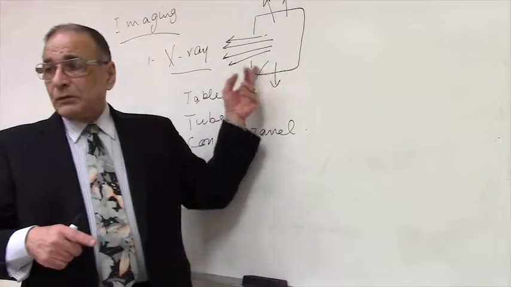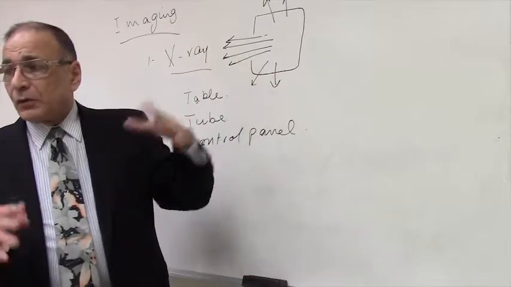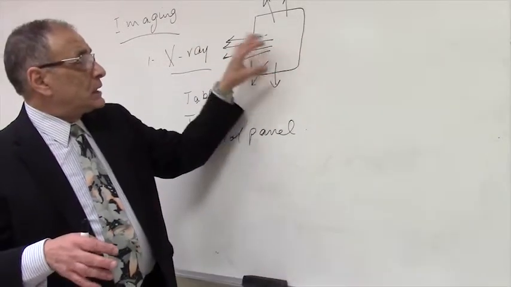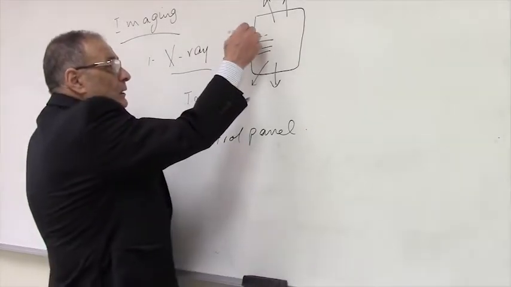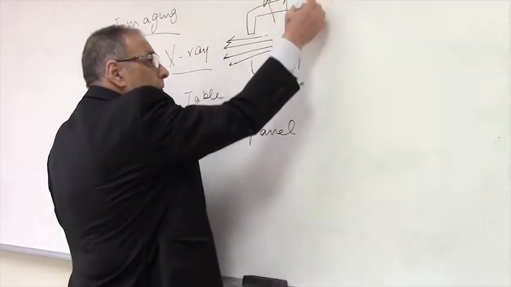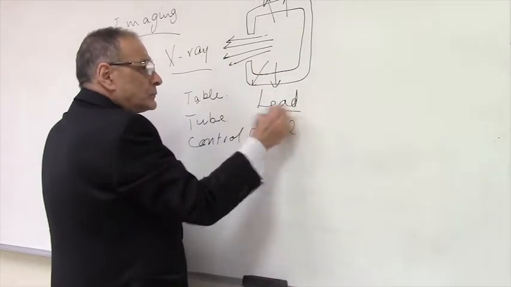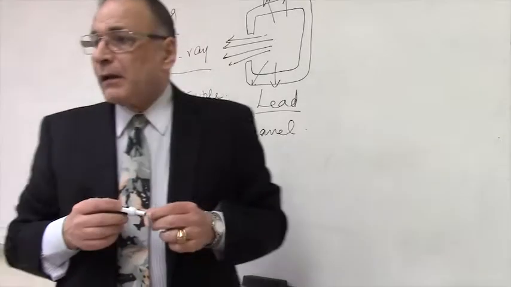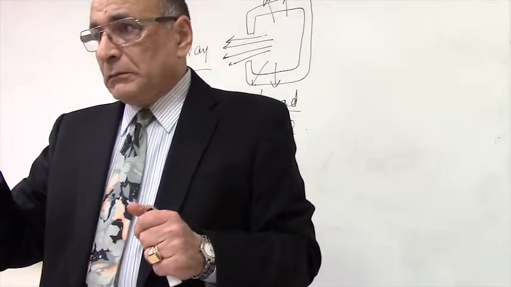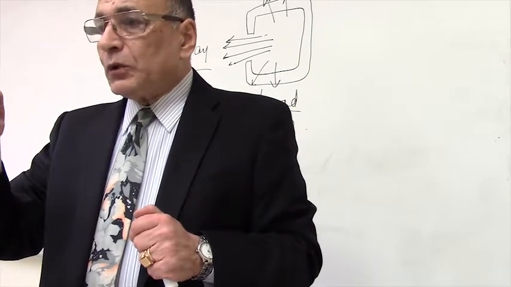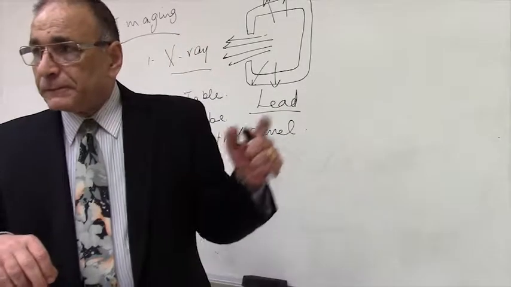So what to do to prevent any X-ray from getting through anywhere except this opening? They cover this tube with a layer of lead. Lead absorbs the X-ray, and the X-ray is not able to penetrate through the lead.